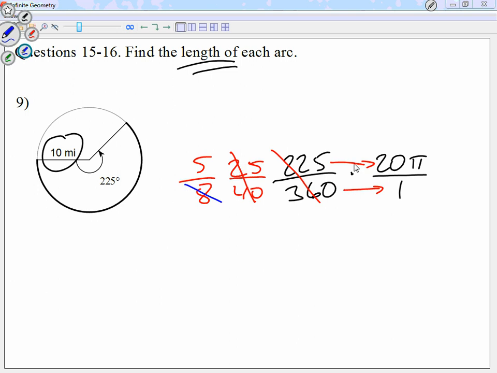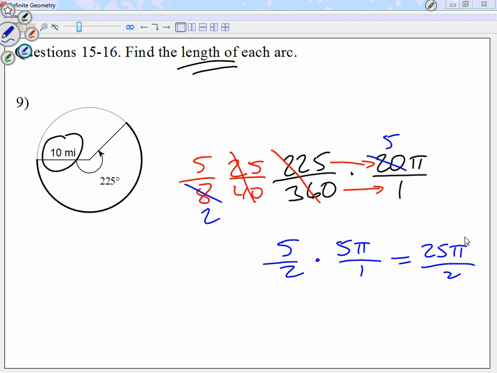Diagonal, the 8 and the 20, I can divide each by 4. So I have 2 and 5. So just to keep it clean, I have 5 over 2 times 5 pi over 1, which becomes 25 pi over 2. Or when you guys type it is 25 pi over 2.